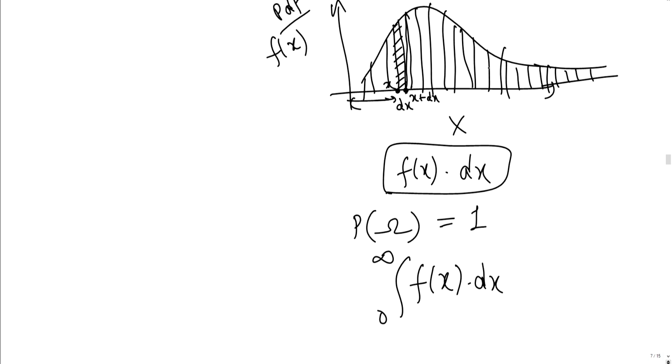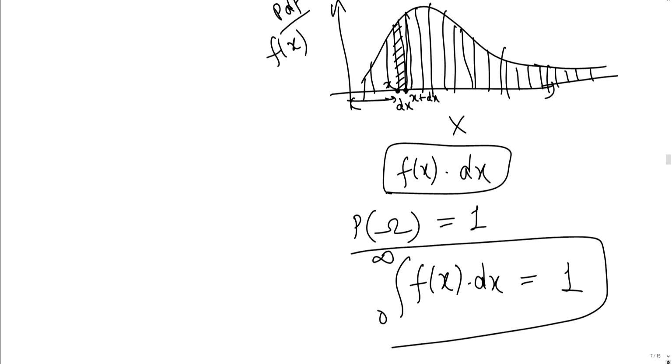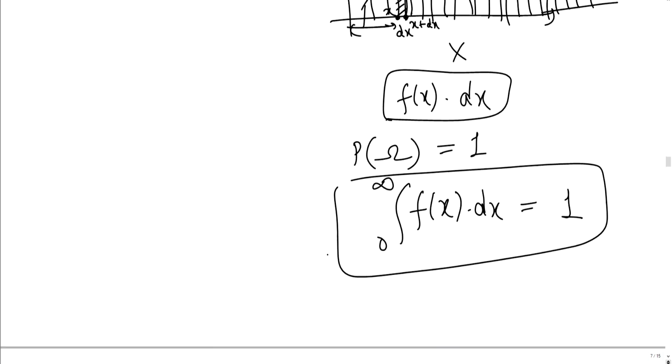That is what the third axiom says: you can sum up all these areas because they are mutually exclusive, so you can integrate from 0 to infinity. This would be equal to 1, which comes from the second axiom. So the area under this probability density curve would be equal to 1, from the second and third axiom.